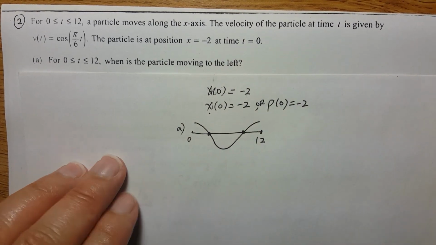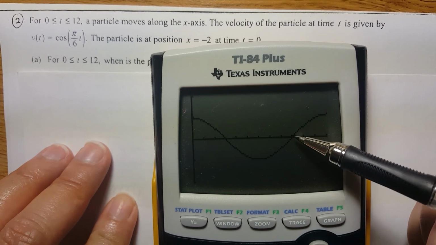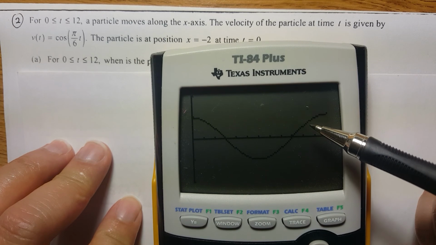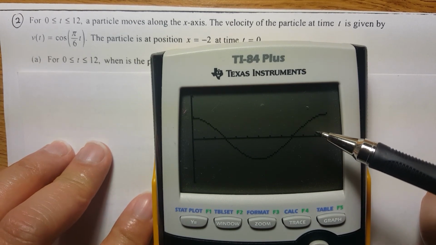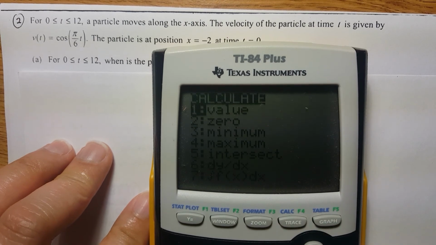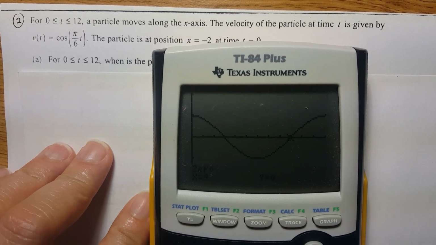So now let's find out the exact location. It looks like it's at the 3 and the 9. If you can see it, you can directly write it. If you cannot see it, you can use the zero button. So now on your AP exam, you may not be able to see it so clearly, so you have to do it that way.